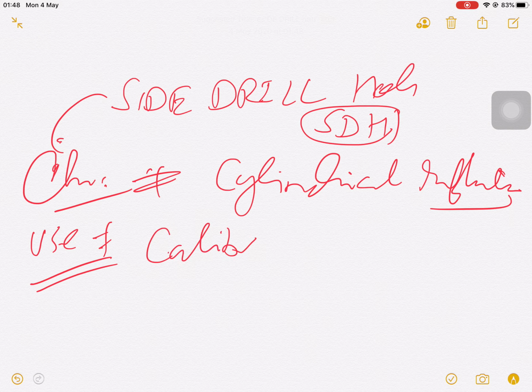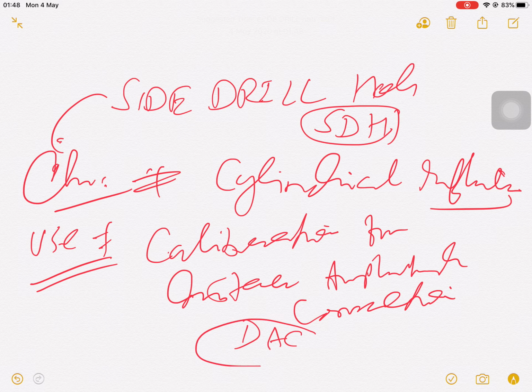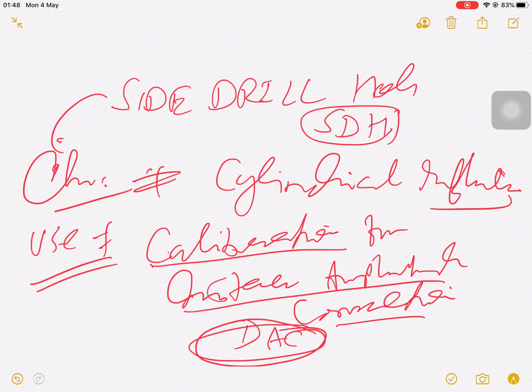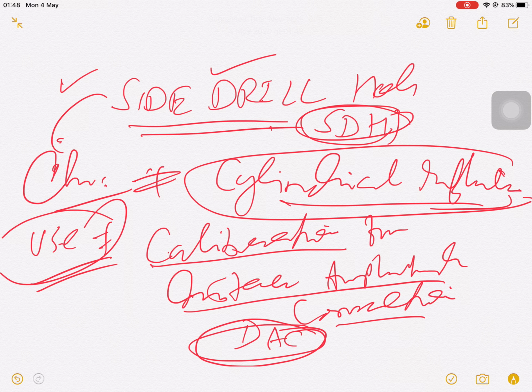It is used for calibration of the distance amplitude correction, as you know, known as the DAC. So the calibration for the distance amplitude curve, DAC, is done with the side drilled hole, the SDH. It works as a cylindrical reflector and is used for this calibration of the distance amplitude curve.